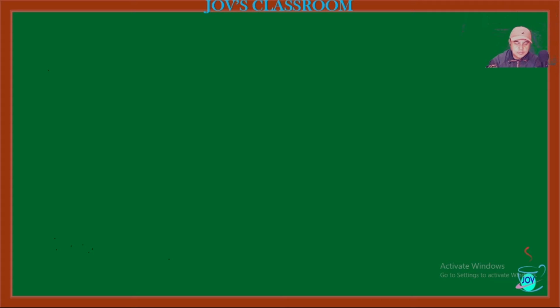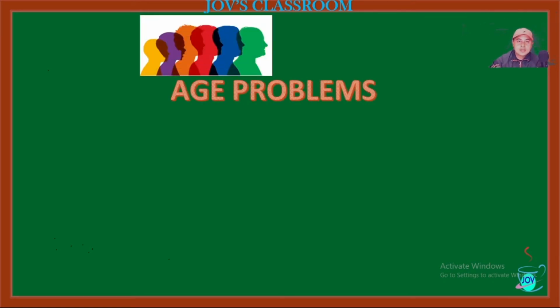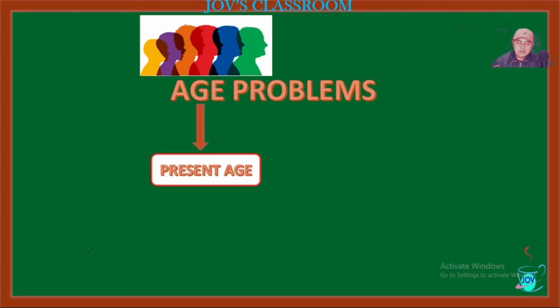There is no formula involved in this kind of problem, age problem. So I'm going to discuss a brief introduction or brief principles that help us solve age problems. In age problems, we always consider the present age of a particular person.